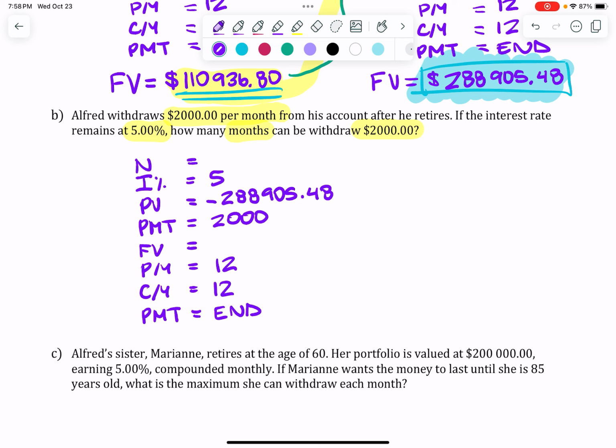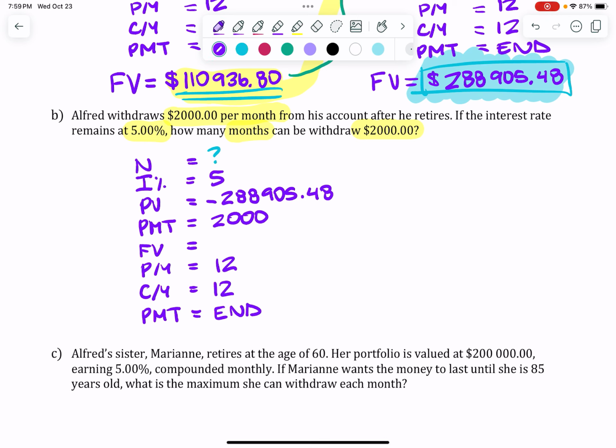Based on what the question is asking me, that should give me a hint of which one is unknown. Future value doesn't actually tell me anything about the amount of time, but my N is calculated by doing my PY times my number of years, which ends up telling me some information about the amount of time, which means I'm looking for N in this question.